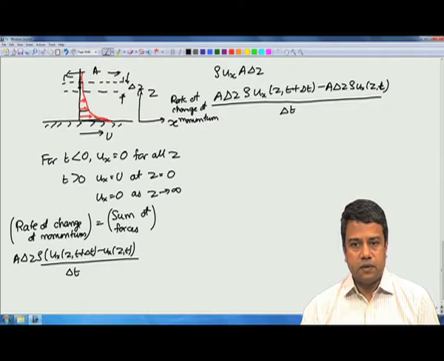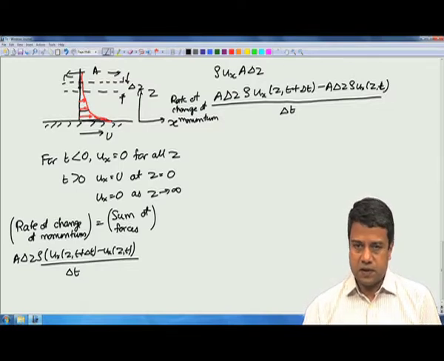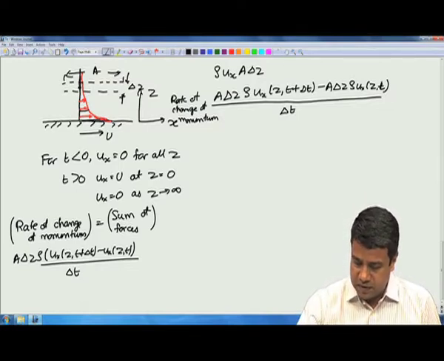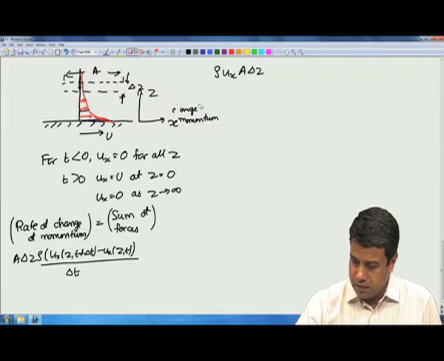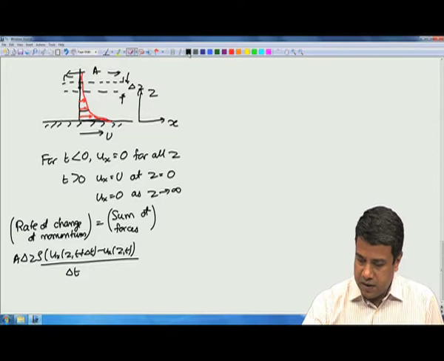That has to be equal to the sum of the applied forces. So, let us look at the sum of the applied forces. The forces can be broadly divided into two types.